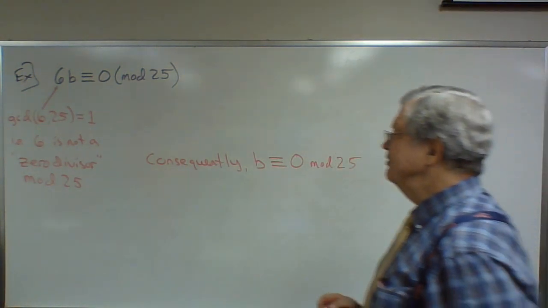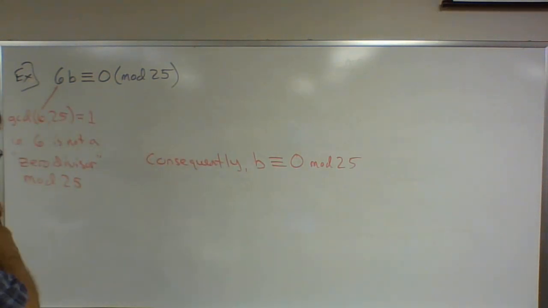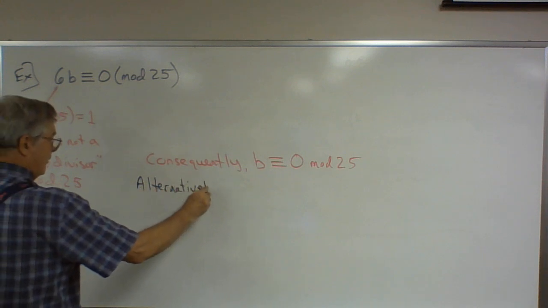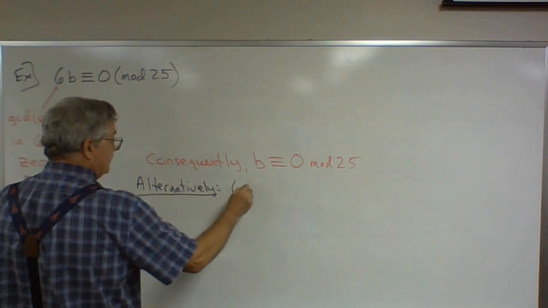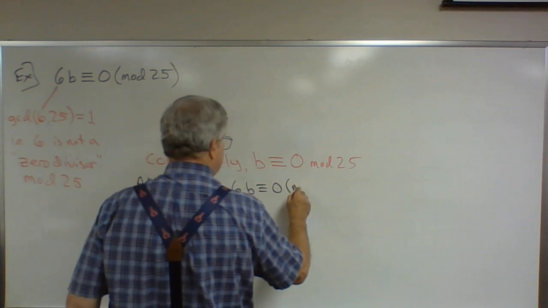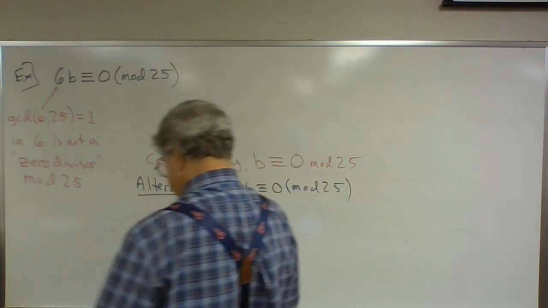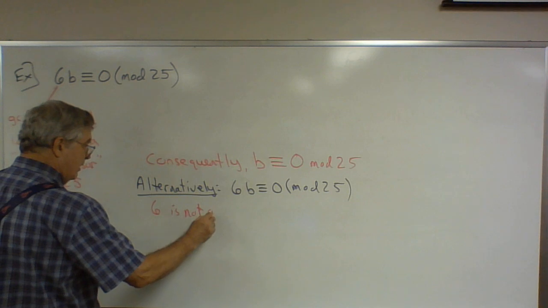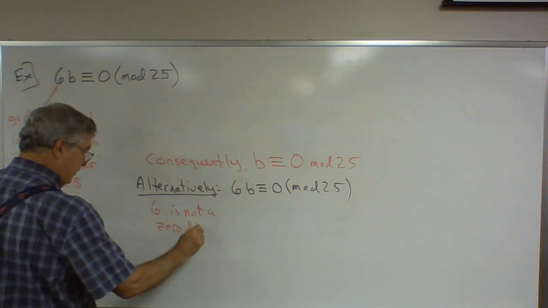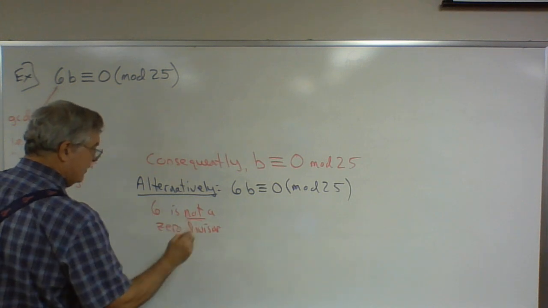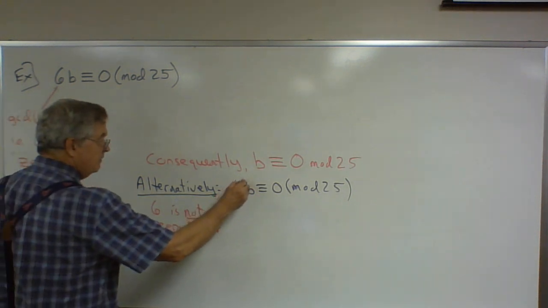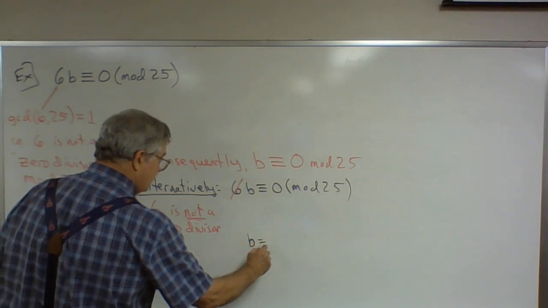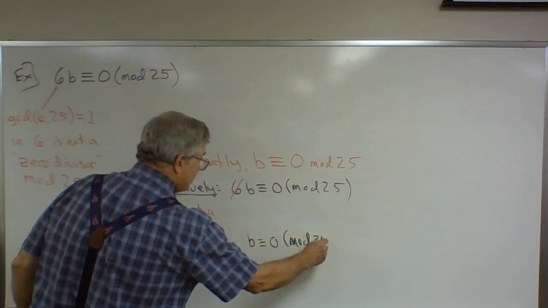Another way we can look at this: B is congruent to 0 mod 25. 6 is not a zero divisor, so we can divide both sides, cancel the 6, and we get B is congruent to 0 mod 25.